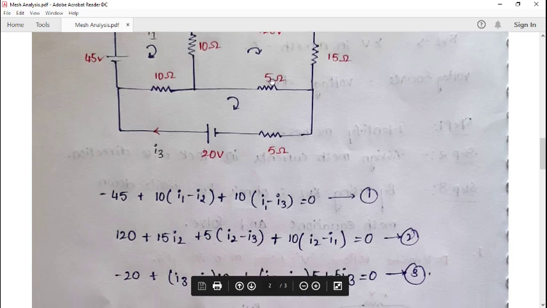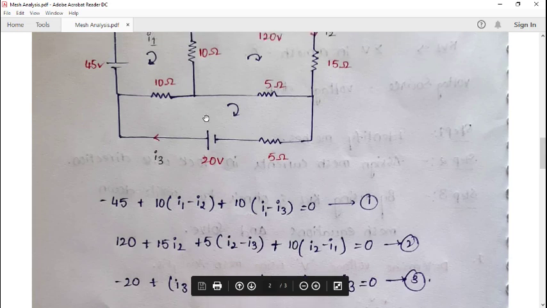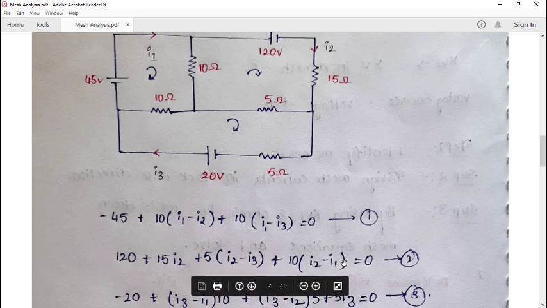And now what is the current flowing through this 5 ohm resistor? I2 is coming like this, and I3, both are in opposite direction. Resultant is I2 minus I3 into 5 ohm plus this 10 ohm resistor into current through this branch, which is I2 flowing like this and I1 coming like this. Resultant is I2 minus I1, which is equal to 0 according to KVL.